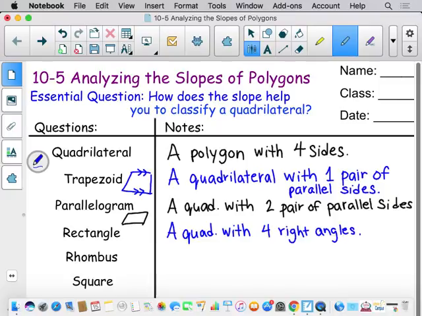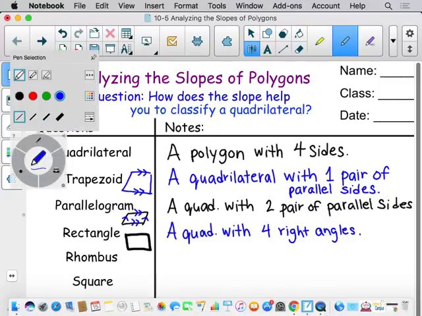I could draw the arrows for the parallel on the parallelogram, like this, where it's got two pair of opposite sides that are parallel, and then on the rectangle, with its four right angles, have little boxes in them, like that.